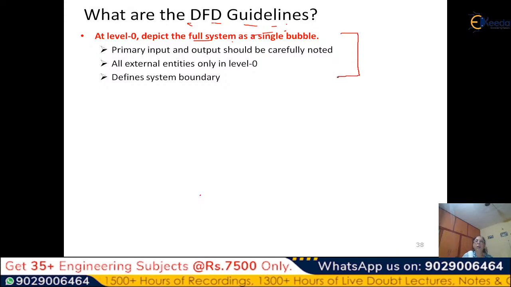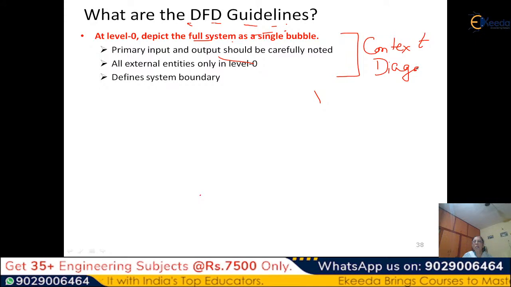We will always have a zero level, because we said it has different levels of abstraction. At the top level we will have the zero level, which we call a context diagram. We will try to denote our whole system as a single bubble.